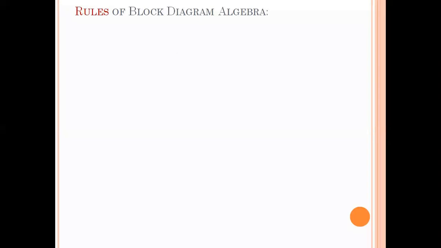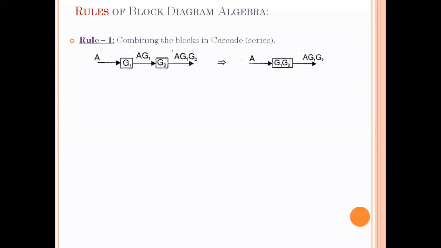Coming to the first rule, when the blocks are in cascade connection. Cascade connection is nothing but series connection. When two blocks or more than two blocks are connected in cascade, how can we simplify the cascade connection of those blocks?